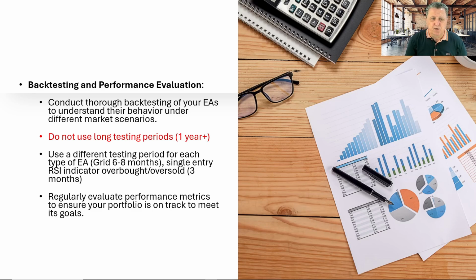Use different testing periods for each type of EA also. For example, on most of the grid EAs that we have, we normally run tests at a maximum of 6 to 8 months. We know roughly when we had the last trending, and we want to try and pack that into our testing period. We know, for example, that in 2024 we had some Swiss francs in August that was trending heavily, but now that is quite far behind, almost a year, 10 months or so.